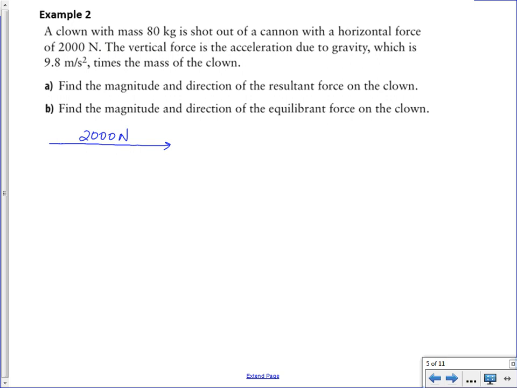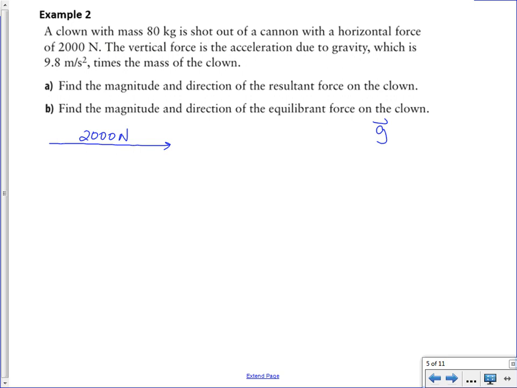Vertical force is acceleration due to gravity, 9.8 meters per second squared, times the mass of the clown. Typically, vertical force or gravitational force, I don't know if in physics you called it F_g with the arrow on top, or capital F with a little g for gravity.